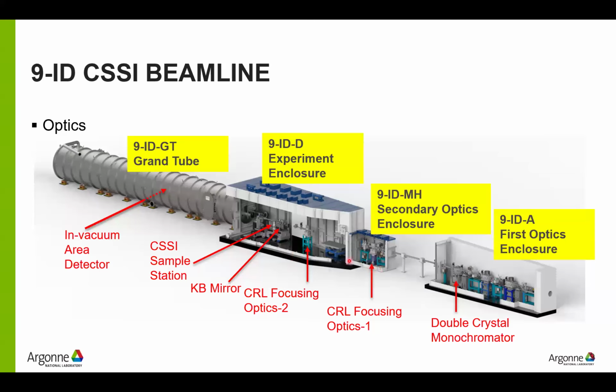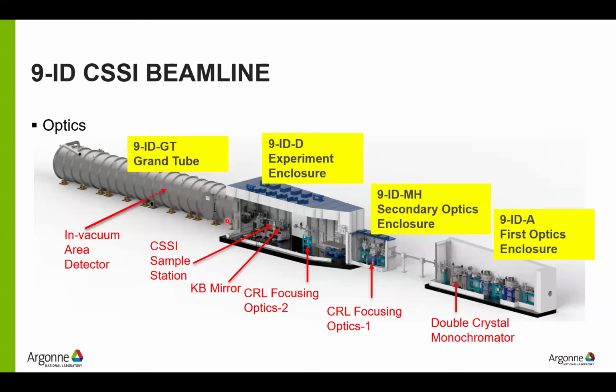There's a second transfocator in the experimental station, where there's only one experimental station, 9IDD. And then additional focusing for the CSSI experiment, which benefits from a very small spot size, is from this KB mirror. And just downstream of that is a sample station for CSSI, which mounts the sample vertically so that the scattering plane is horizontal.